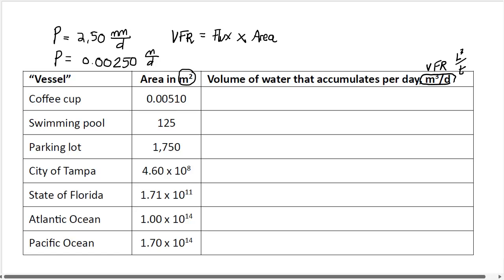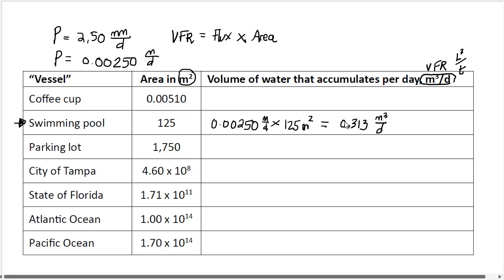So I'll start with this. Let's just do this swimming pool as an example, and then I'll leave the rest for you to check. So the volume of water that accumulated in the swimming pool will equal the flux, which was 0.00250 meters per day times the area of the swimming pool, which is 125 square meters, and that equals 0.313 cubic meters per day.